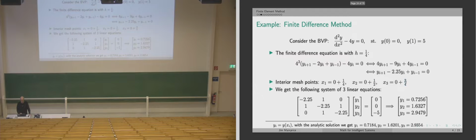And so we are left with the following system of 3 linear equations that we can pack as a matrix and invert the matrix in order to solve the system of linear equations. And that gives us a solution for the dependent variable at each of the mesh points. So y1, y2, y3, where 1, 2, 3 corresponds to the index of the mesh point.